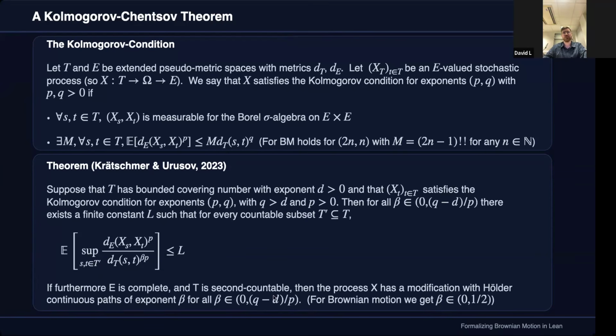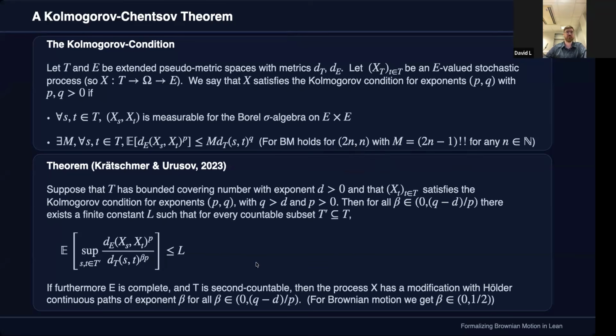So with some extra conditions, you can then turn this into actually saying that the process X is Holder. So we say that furthermore, if E is complete and T is second countable, then the process X has a modification with Holder continuous paths of exponent beta for all beta in 0 to (q minus d) over p. And for Brownian motion, this gives us beta in (0, 1/2), just by applying it with what we proved here.